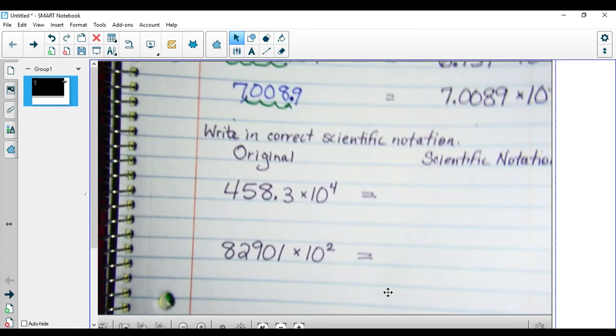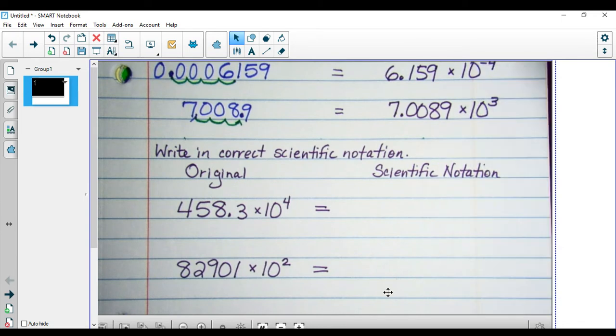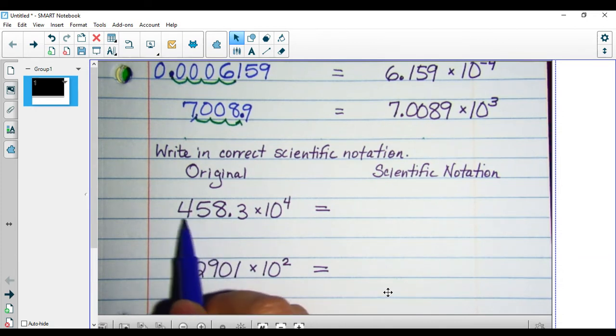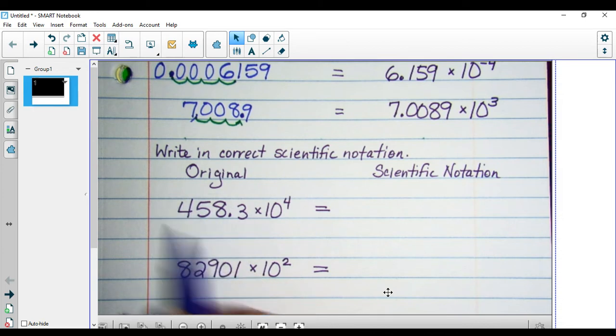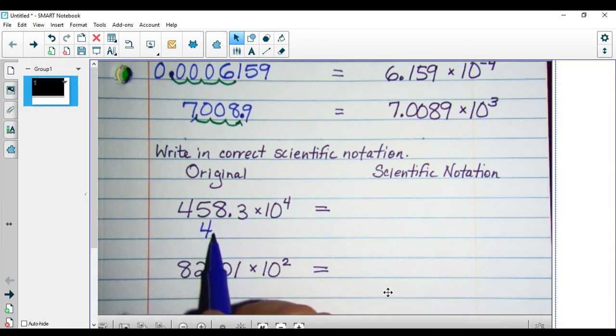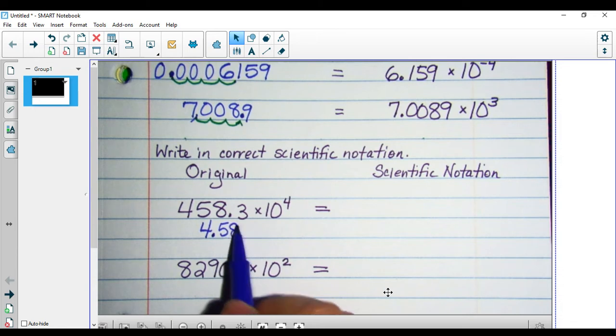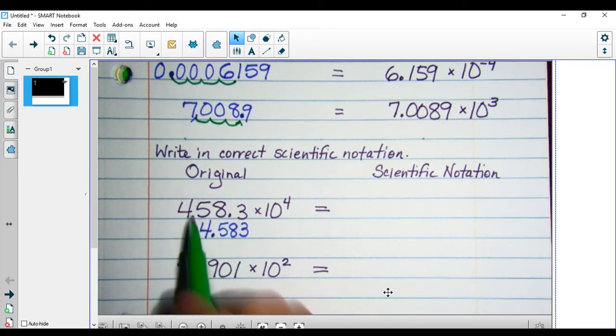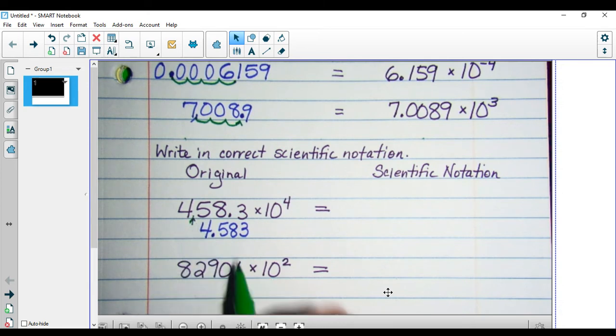The last two problems, we need to adjust not only the number here, but we're also going to have to adjust the power of 10. So in this problem, I need to write this piece right here as 4.583. Now, I just moved the decimal over here, and it was originally right there.